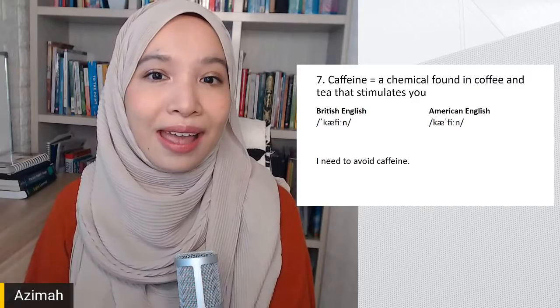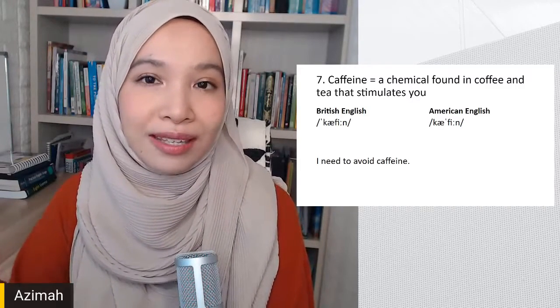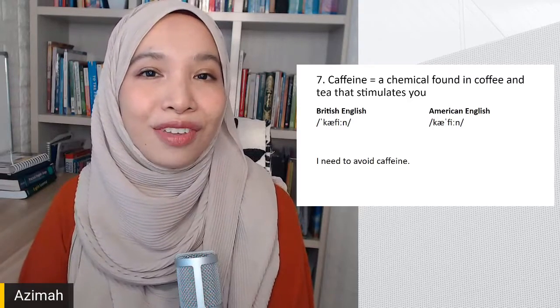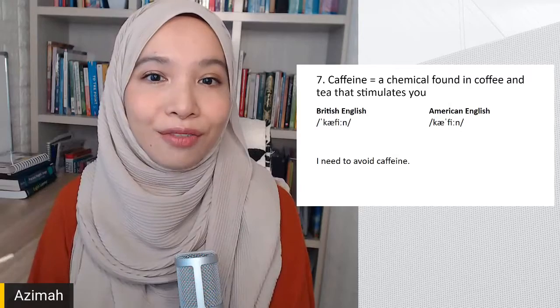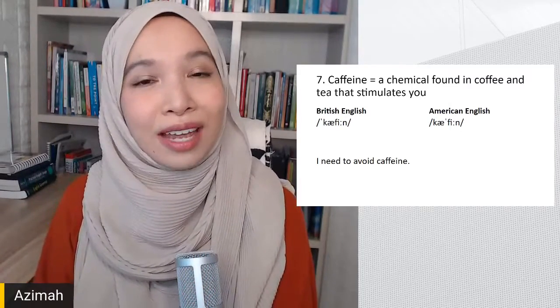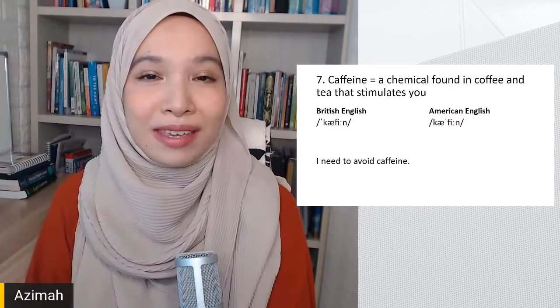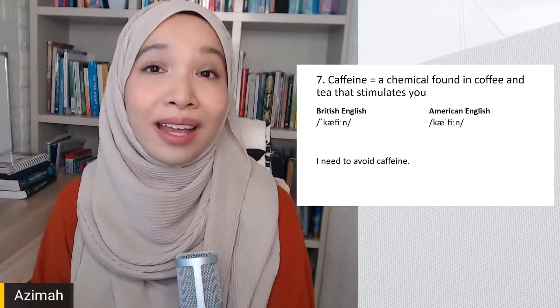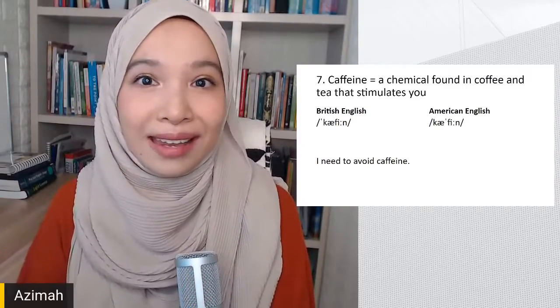And in American English, the stress falls on the second syllable, caffeine. So let's do that again. So if you're the type who cannot live without caffeine, you're like me. But sometimes you have to say, oh my goodness, I need to avoid caffeine. It gives me a headache.